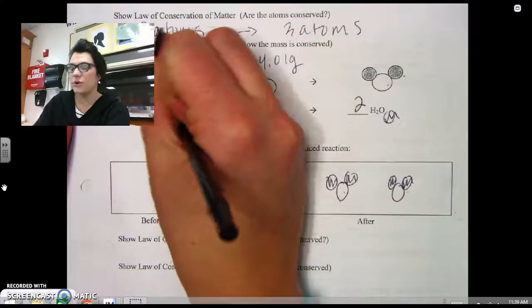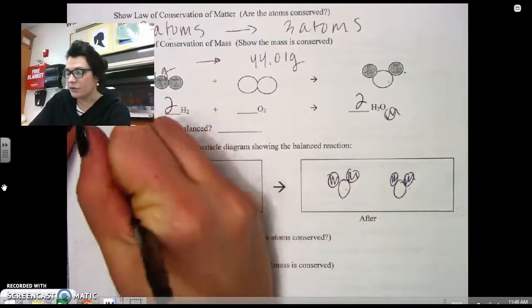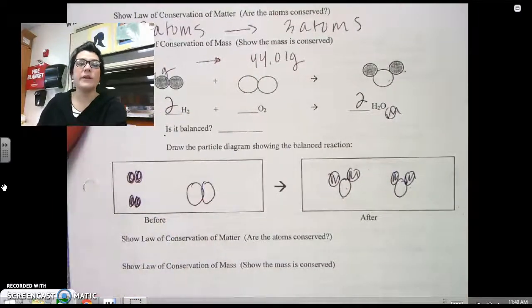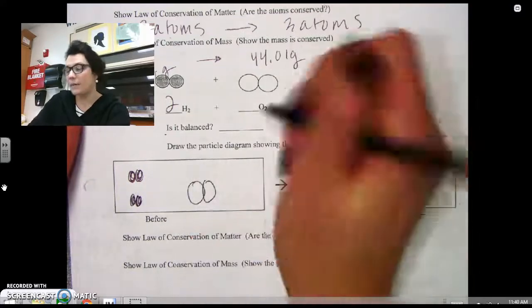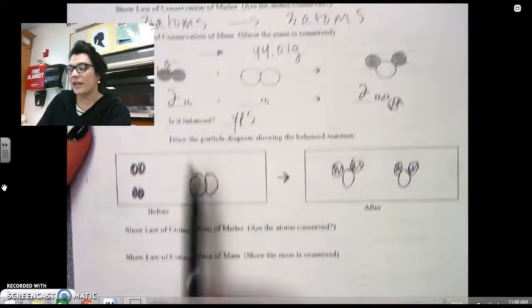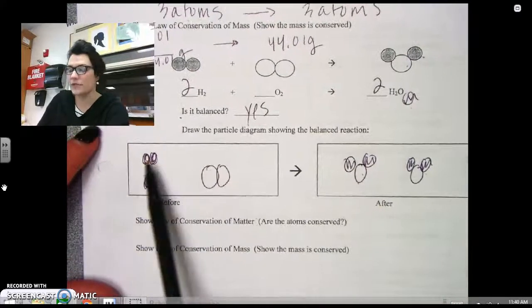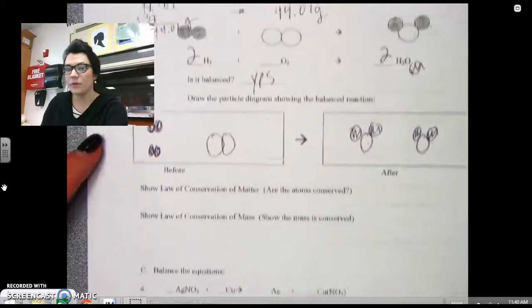So I'm going to put a 2 out front here. That means that I now have 4 hydrogen atoms and 2 oxygen atoms on each side, and everything is balanced. So it wasn't balanced before, but it is balanced now. And I balanced it by putting 2 coefficients out front, okay? And I can always count 1, 2, 3, 4, 1, 2, 3, 4, 1, 2, 1, 2, okay?